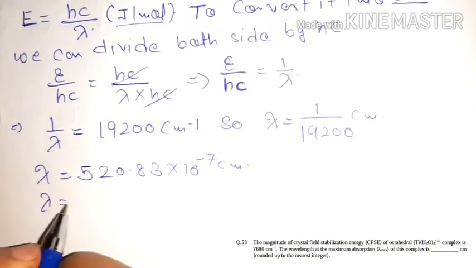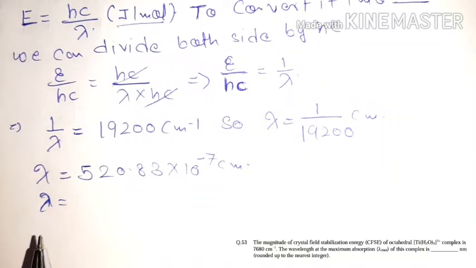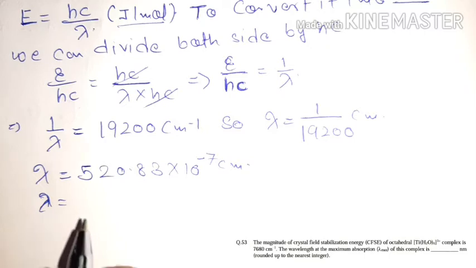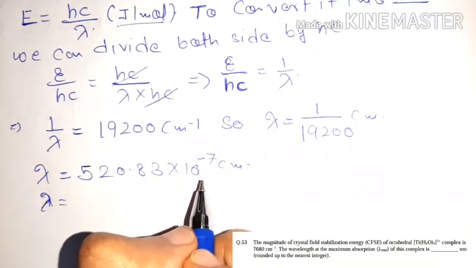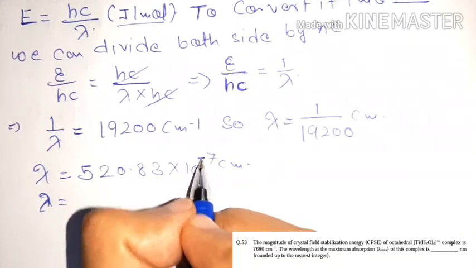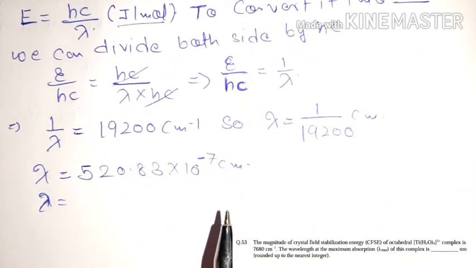But you know, in the question our answer should be in nanometer. So when you convert centimeter into meter, we multiply by 10 to the power minus 2.